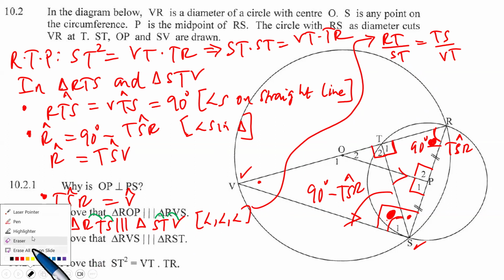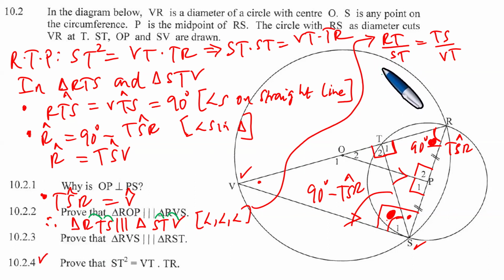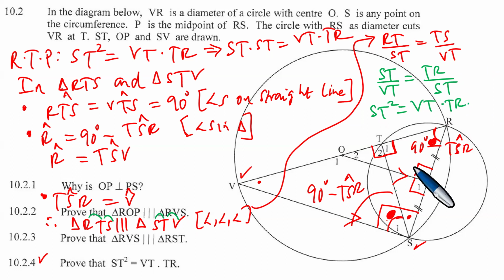You can write this one as ST over VT equals TR over ST. And therefore, if you cross multiply, ST times ST is ST squared equals VT times TR.